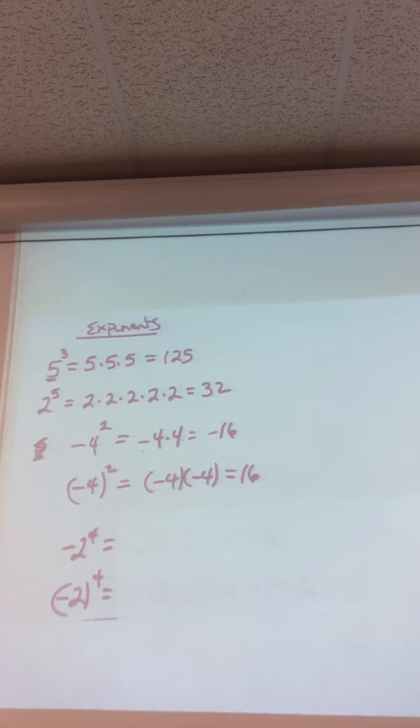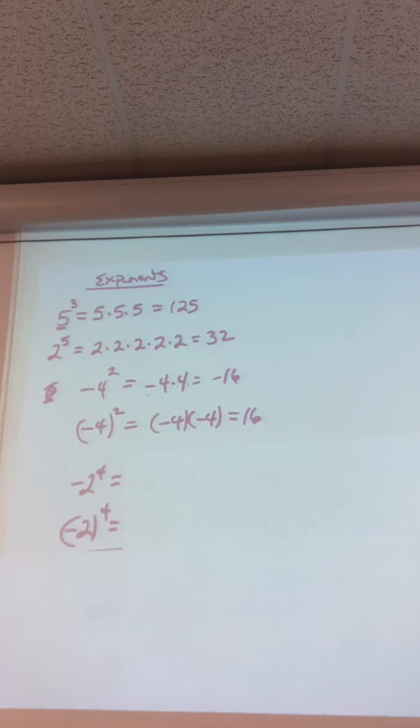So, if I have this right here, negative 2 to the fourth power and negative 2 to the fourth power. These two problems right here are not the same. This one right here, the fourth power is on the 2 only. On this one, the fourth power is above the parentheses. So that means that everything that is in the parentheses is your base.